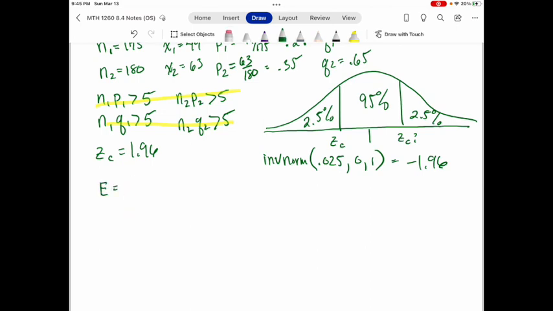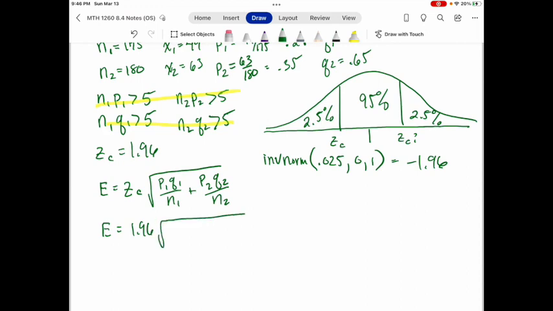Now I'm going to calculate my error. The formula for the error is Z critical times the square root of P1 times Q1 over N1 plus P2 Q2 over N2. All right, so let's go ahead and plug everything in and find our error.